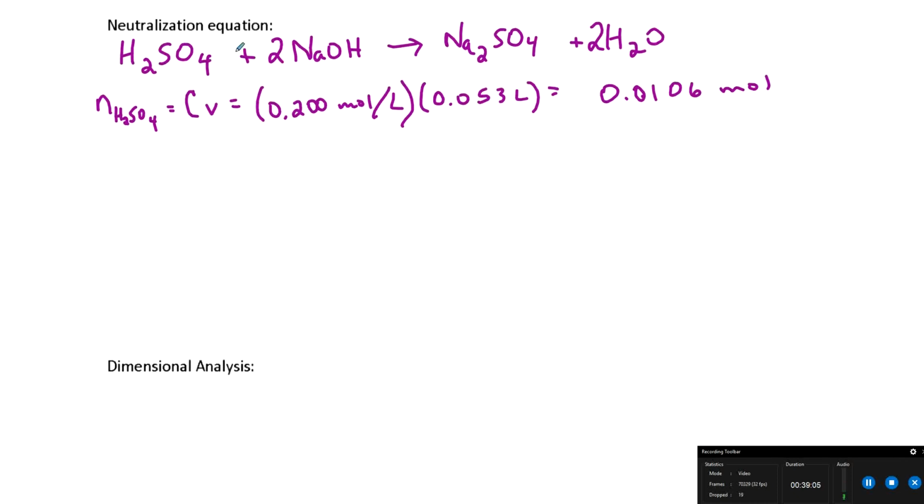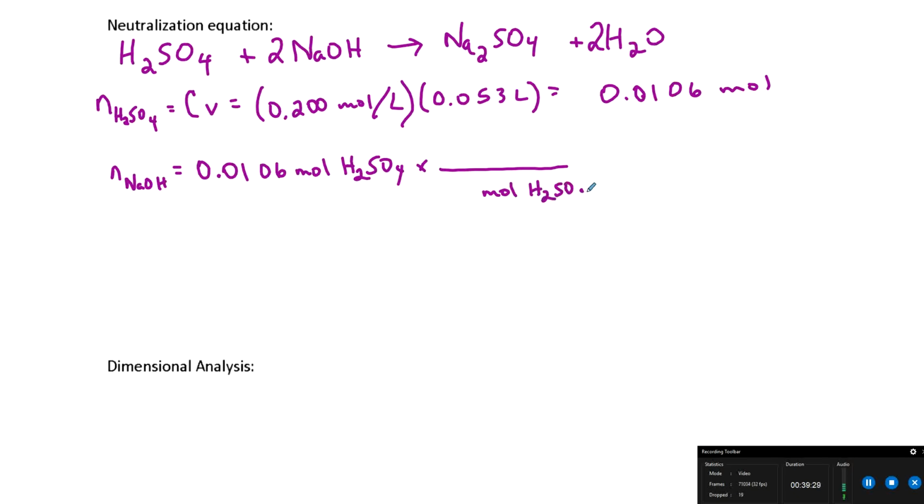And then, because we had to balance this equation, it's not a 1-to-1 ratio, so we have to actually do this step. Moles of NaOH is equal to the moles of the acid that we just found, the H2SO4. And we use the mole ratio. So moles of H2SO4, we want to get to moles of NaOH. There's 2 moles of NaOH for every 1 mole of H2SO4. So multiply by 2 to get 2.12 times 10 to the negative 2 moles.